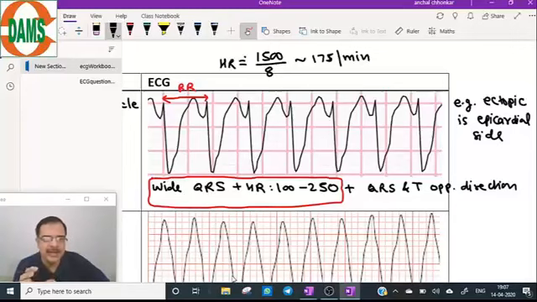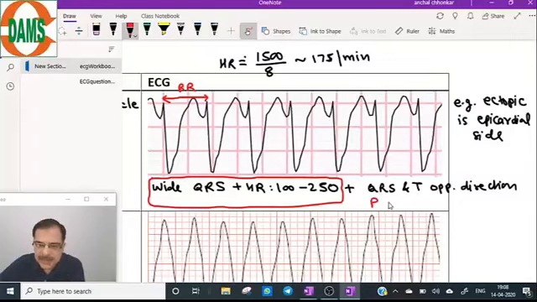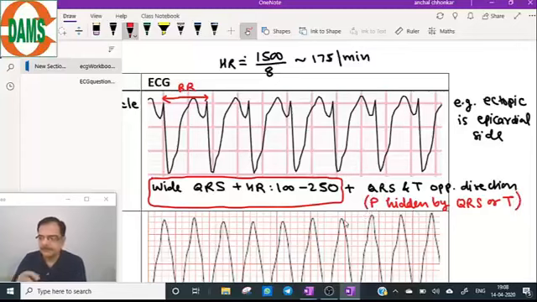In this condition, they are coming so fast that the P is hidden by either the QRS or the T wave. So the P wave will usually be absent in ventricle tachycardia. So this is the first arrhythmia, ventricle tachycardia.